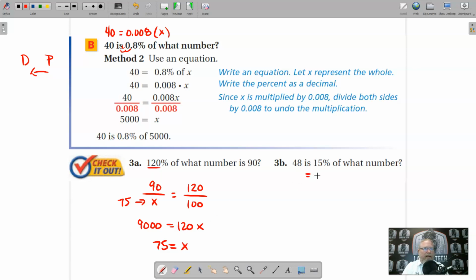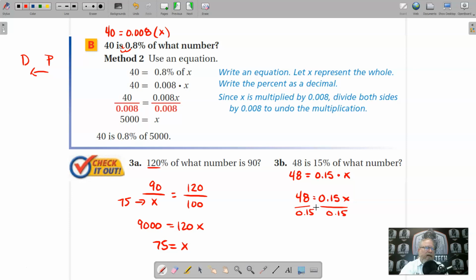48 is 15%. Going from percent to decimal, the decimal moves to the left, of multiply what number we'll call x? 48. So we have 48 equals 0.15x. Let's divide both sides by 0.15.